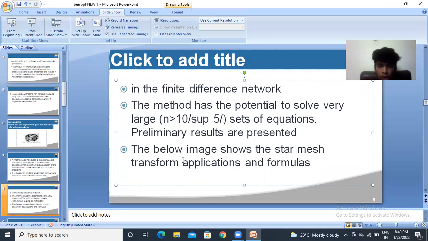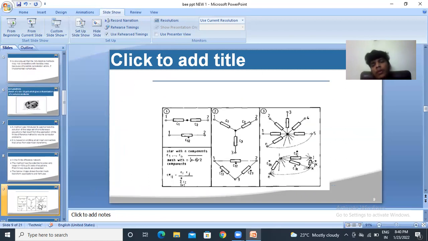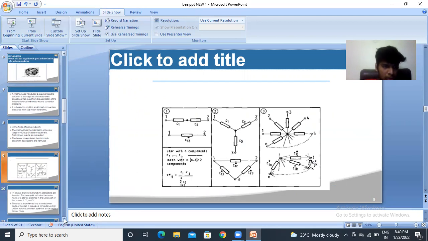Now the image below shows the star mesh transform application and formulas. So now let's see the star mesh diagram. Here it is a star mesh with n components. Let me show you the description of it.